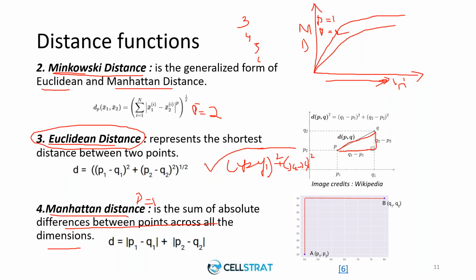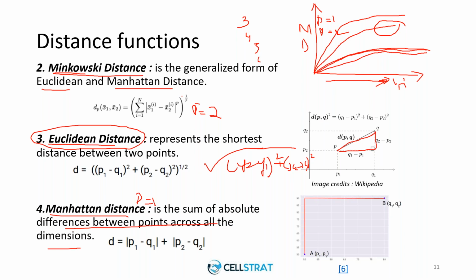After p equal to 2, this tends to saturate, and you don't really find the variation in different p values. So that's the reason why people restrict themselves to only p equal to 2, which gives us the Euclidean distance. I hope this point is clear.